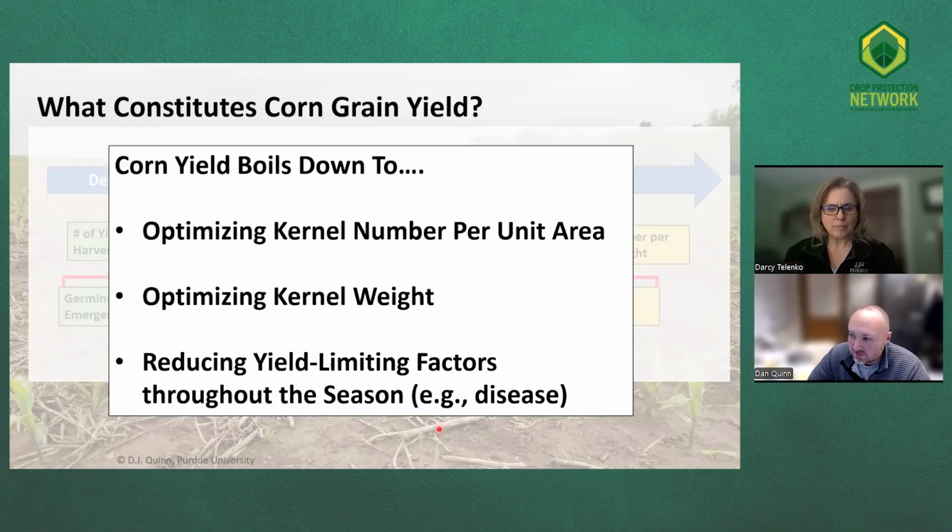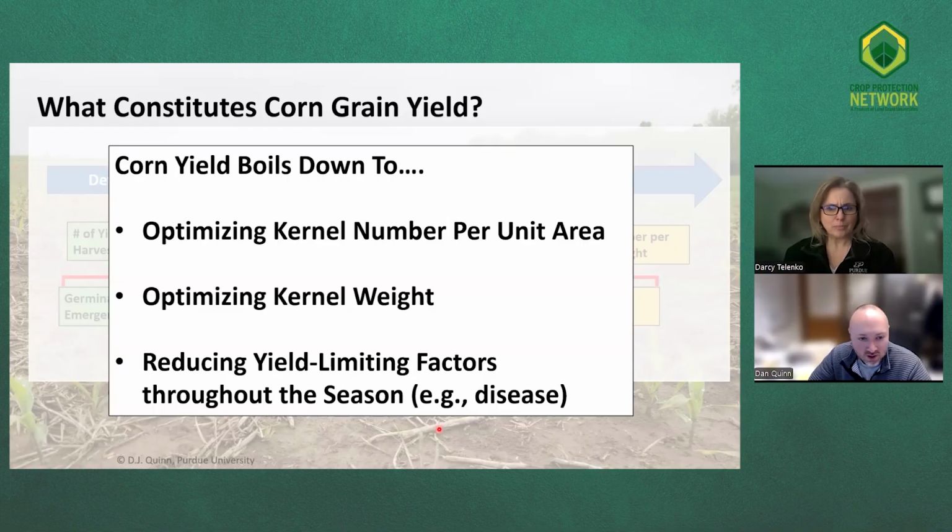Overall, corn yield is a very complex process. We do a lot, especially on my side in the agronomy realm, to understand and keep improving corn yield. But it really boils down to how do we optimize kernel number per unit area, and how do we optimize kernel weight. There's a lot of trade-offs: if kernel weight is increased, a lot of times we see lower kernel number per ear.